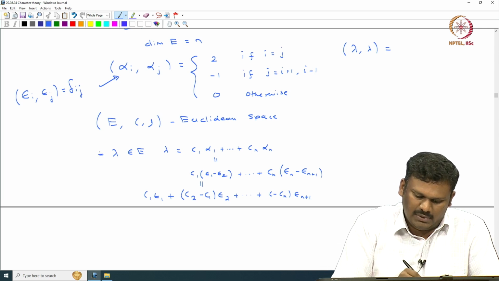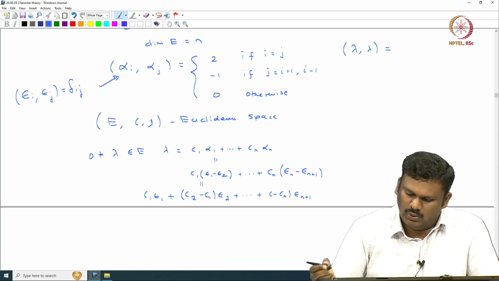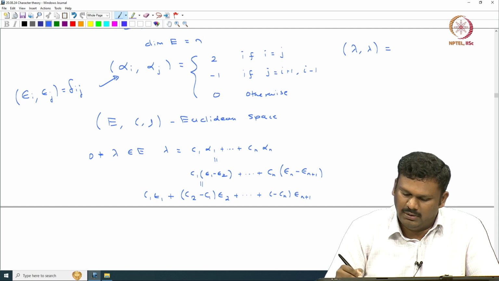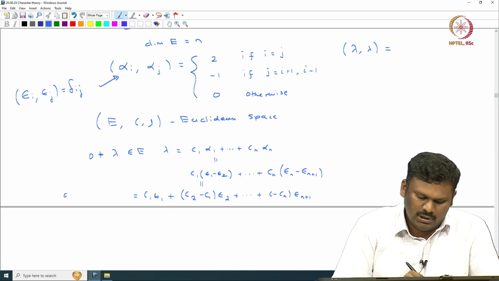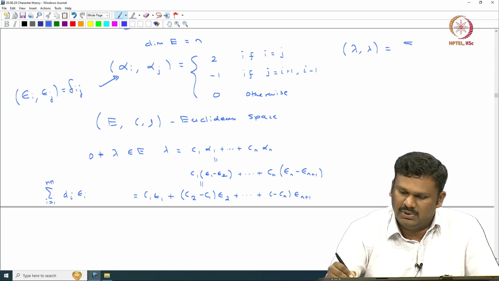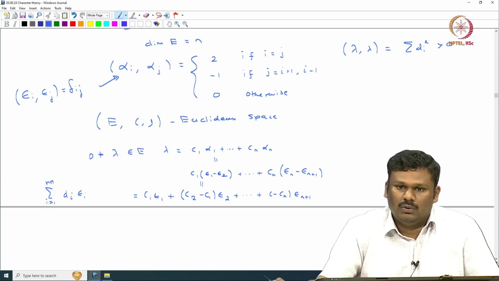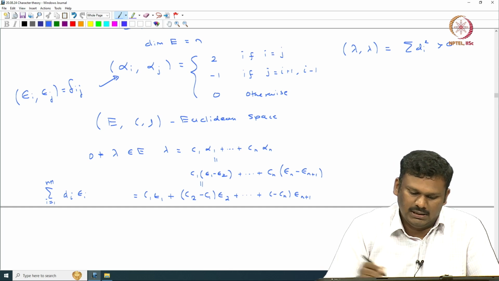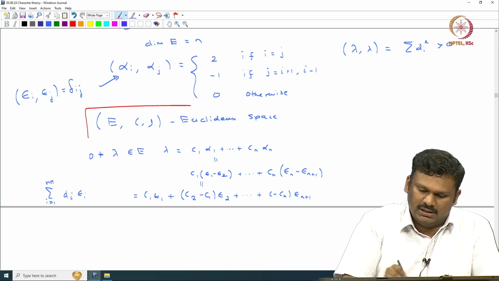But if lambda is non-zero, then one of the coefficients here will be non-zero. That is for sure. So, if you write this as the summation of d_i epsilon_i, with i ranging from 1 to n plus 1, then (lambda, lambda) is indeed the summation of d_i squared, which is always positive whenever one of the d_i is non-zero. That is what makes this a Euclidean space.